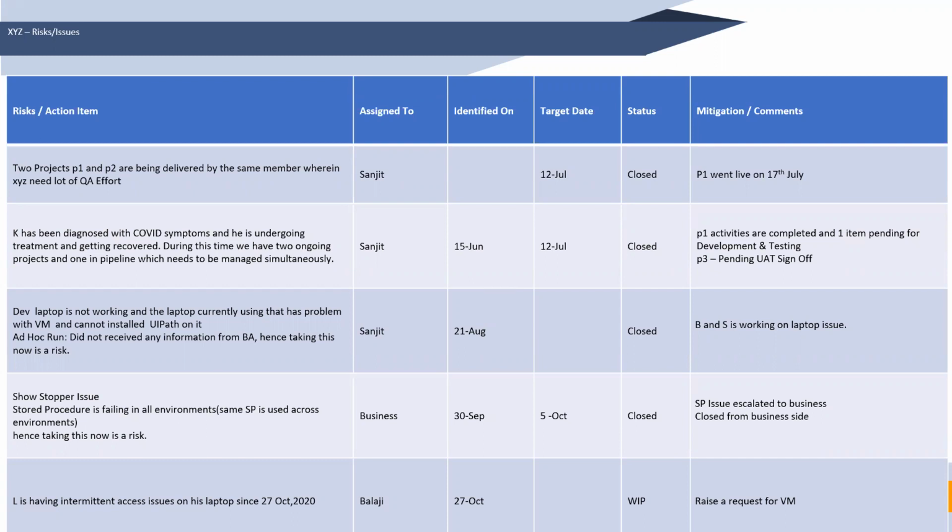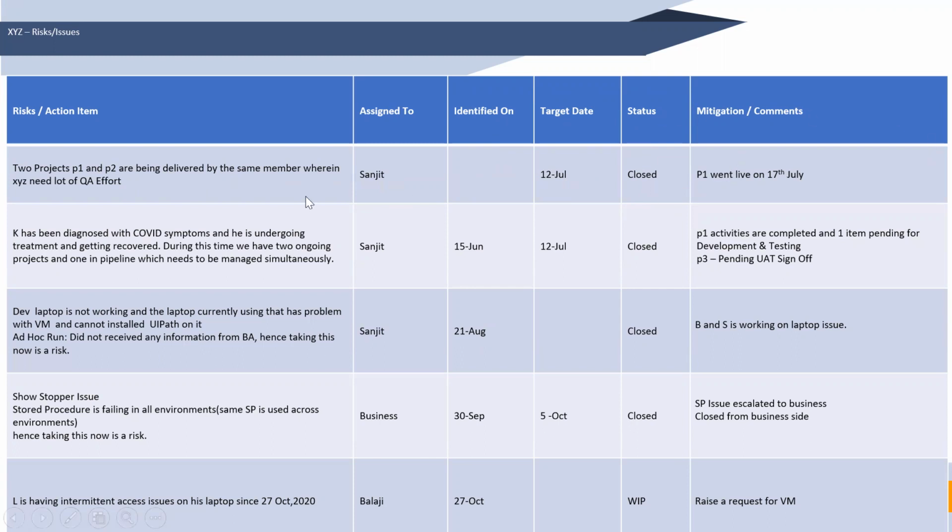Each and every risk and action item you can mention in the first column, and to whom it is assigned, identified on when it was identified, the target date for resolution, the status, whether it is open or closed, what mitigation plan you have chosen, and any comment.